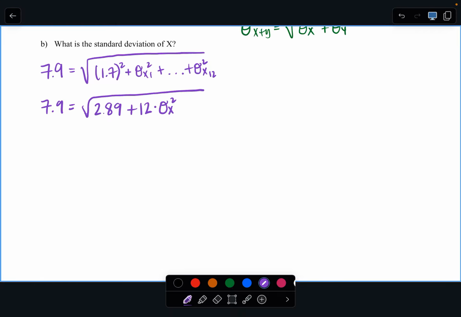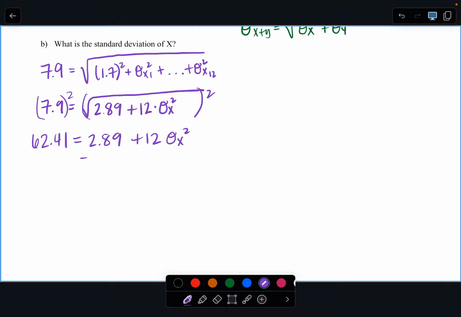And at this point, it's solving for a random variable. So I would square both sides. 7.9 squared is 62.41, equals 2.89 plus 12 sigma x squared.